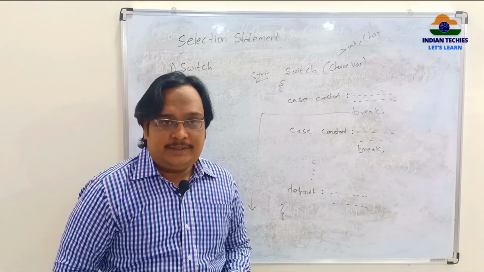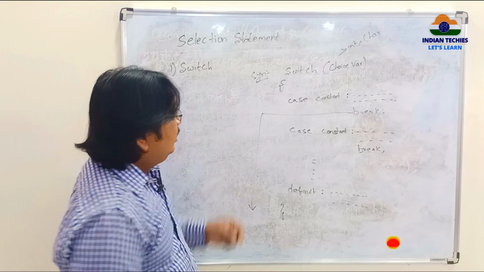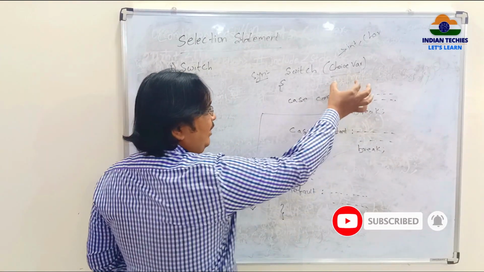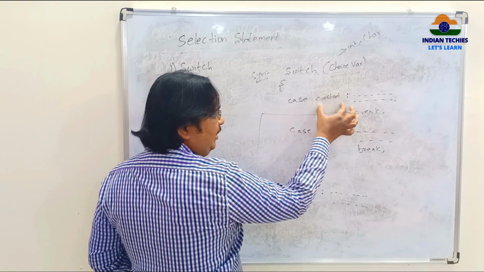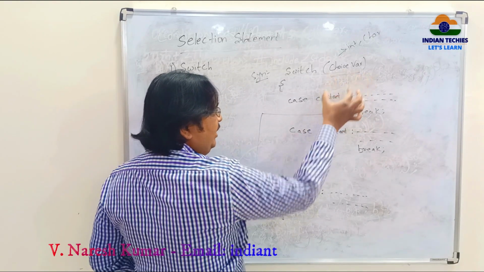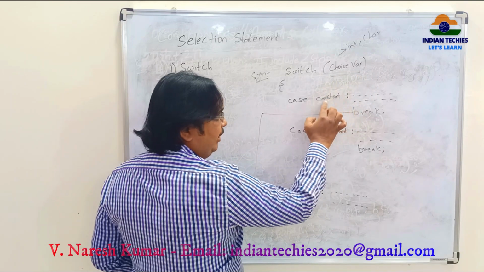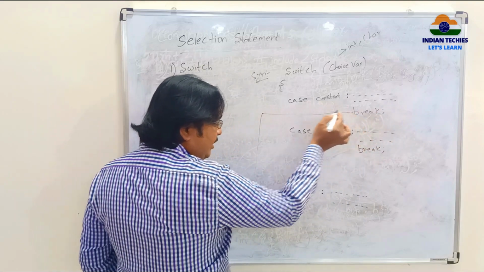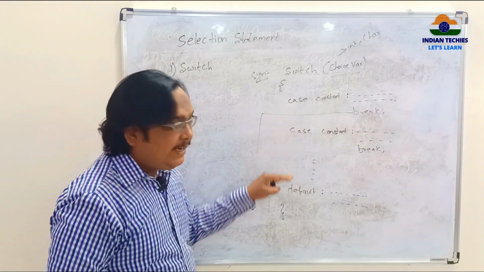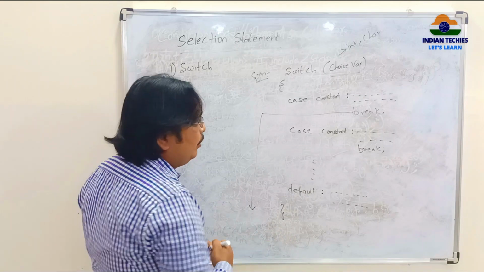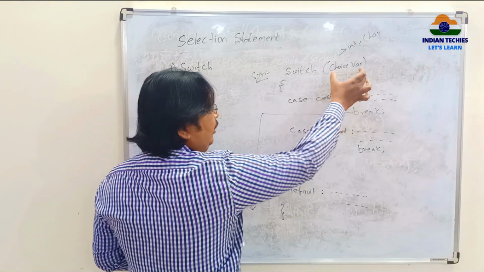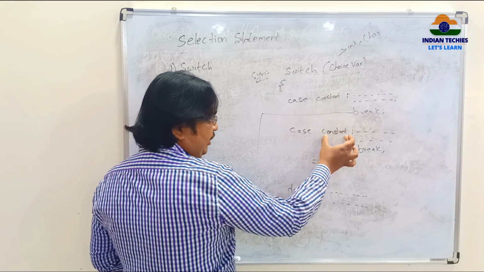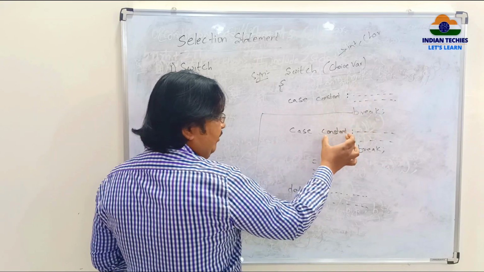Close switch. Right? Now, this choice is your input. Whatever input you give, it first matches with this constant. If your input and this constant both match, the compiler goes into this, executes all the lines and breaks, meaning it comes out of the switch statement so that the remaining cases cannot be executed. Suppose your choice does not match the first case, then it will not go inside and will check the second constant.